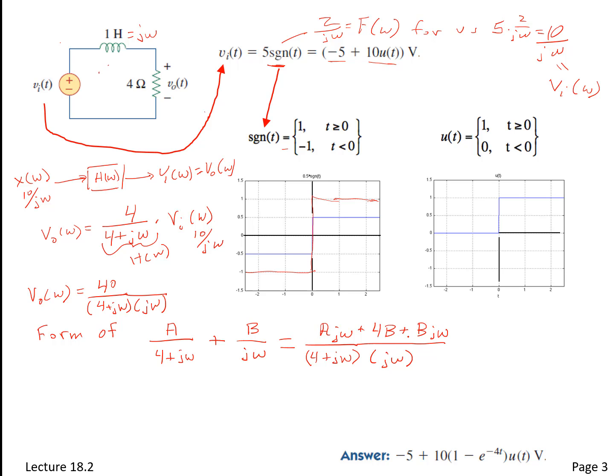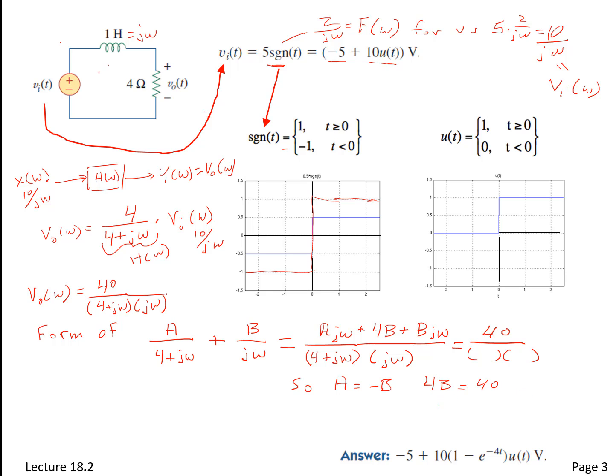So this has to get to a point where this is equal to 40 over these two things, right? So all we're doing is saying this numerator has to equal 40. So A has to equal minus B, and that'll take the j omegas out of there. And 4B has to equal 40.